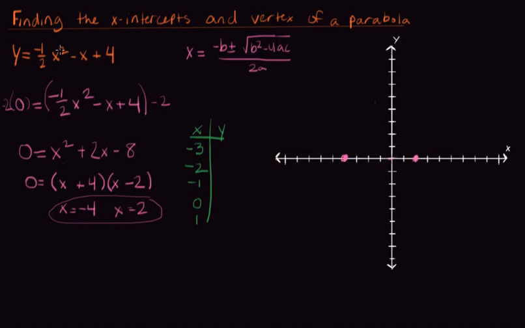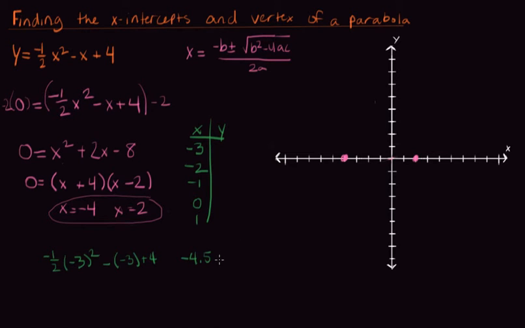If I plug in negative 3, I'm going to get negative 1/2 times negative 3 squared minus negative 3 plus 4. So this is going to be negative 1/2 times 9, which is negative 4.5.